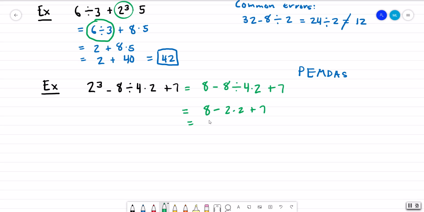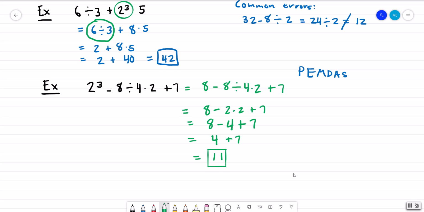So we have 8 minus 4 plus 7, and then from here we can just do the addition and subtraction, but again we're moving from left to right. So 8 minus 4 is 4, and 4 plus 7 is equal to 11.